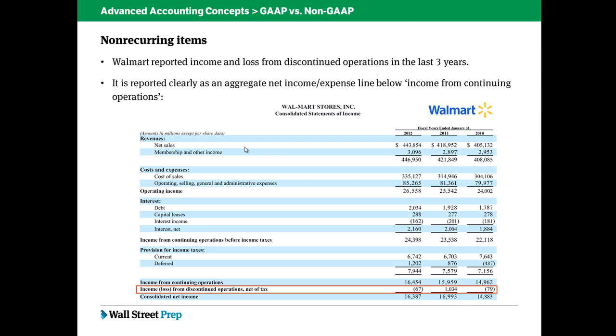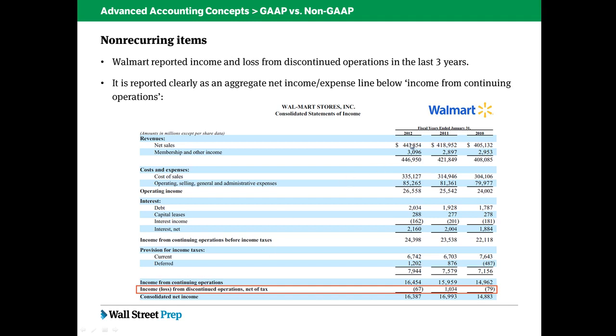Before we get into line items where FASB and analysts are generally in disagreement, where the GAAP-based presentation is different from how analysts want to see these items, let's look at what Walmart's income statement looks like. And we see that Walmart, in line with the GAAP rules that we just talked about for discontinued operations, identifies that the net gain or loss from operations that they've deemed to be discontinued is presented distinctly from the rest of their continuing operations.